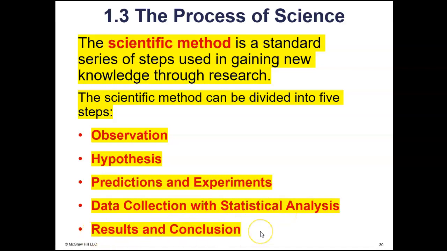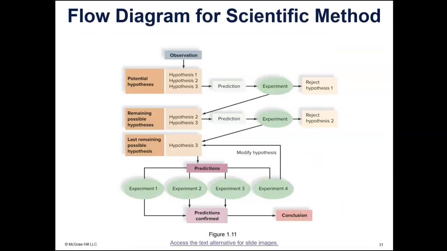We don't focus as much on that in general biology, but that is definitely using statistical analysis to determine if the data collected is statistically significant, that kind of thing. And then a conclusion based on the results of your experiment. So these are the 5 basic steps.